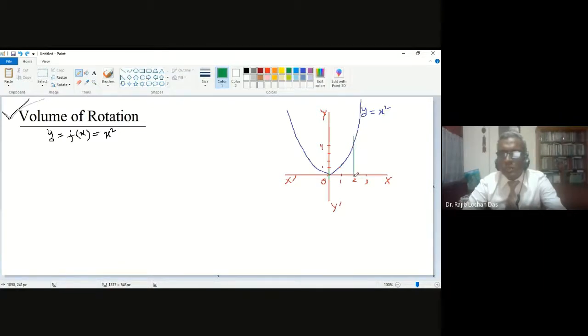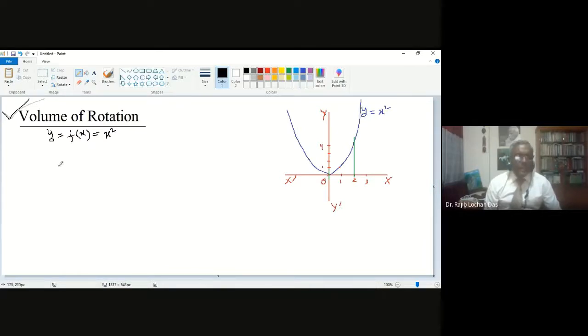So this is the x equals 2 line. Okay, so this is the boundary. What I wanted to say is, the function given is y equal to x square.